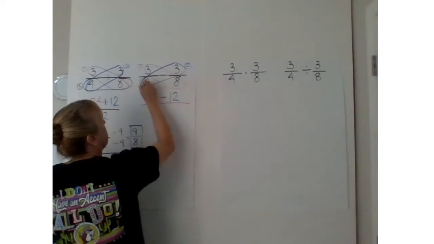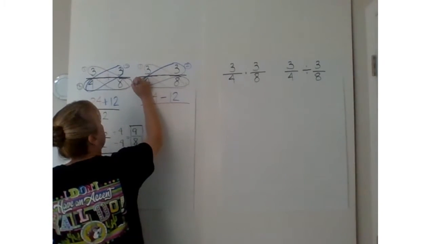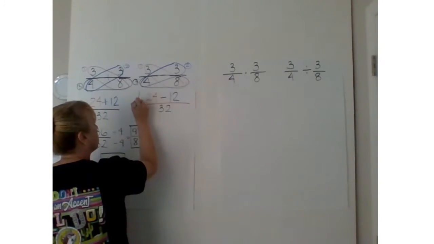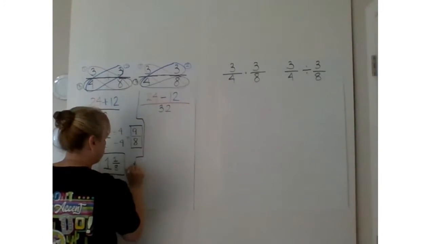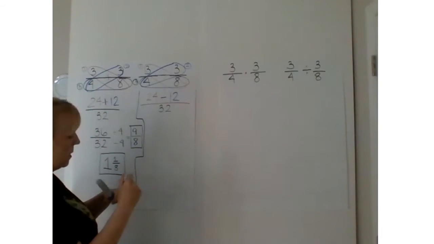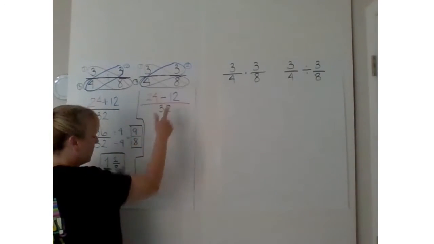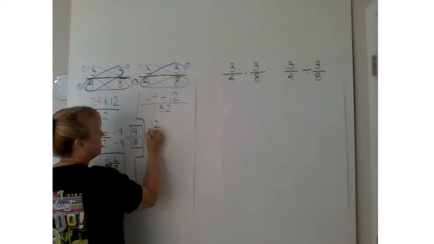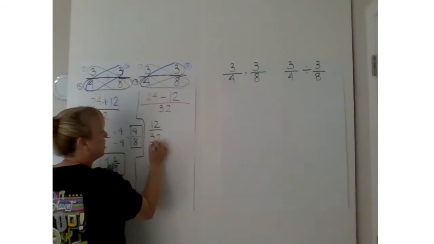And then we're going to multiply these two, which is my third step, which is 32, okay? So I'm going to go like this here so we can see the difference. Okay, so 24 minus 12 is 12. We have 12 over 32.